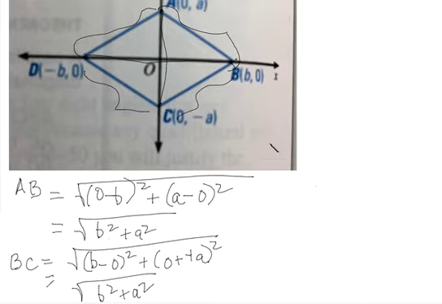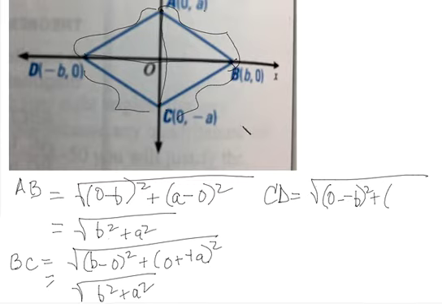All right, let's do CD. I think you probably know where this is going, but just to complete the example: 0 minus negative b, so that's 0 minus a minus b, squared, plus negative a minus 0 squared. Guess what that's going to equal? It becomes b squared plus a squared.